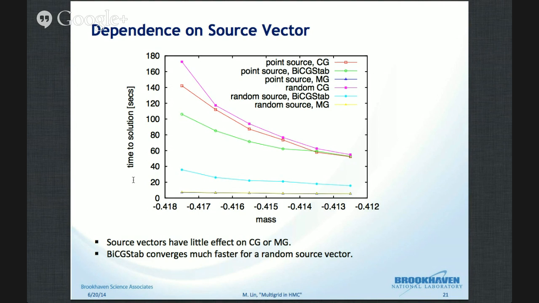The question is, does the fact that you're not solving the system accurately with CG affect your computation of the observables? In terms of observables, I haven't checked really more complicated observables, but I can get the same plaquettes using CG, bi-CG step or multi-grid. So it's the wrong thing to look at. It's local if you want long distance. Yeah, so I haven't really looked at other observables yet.